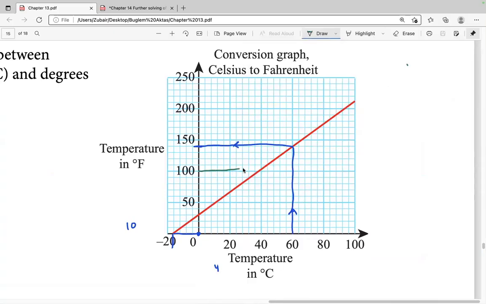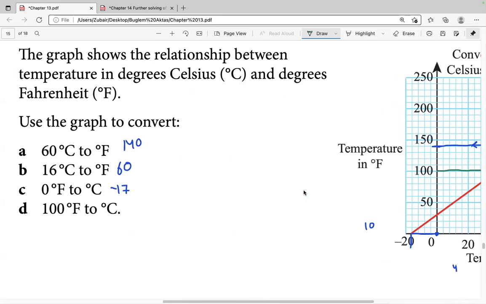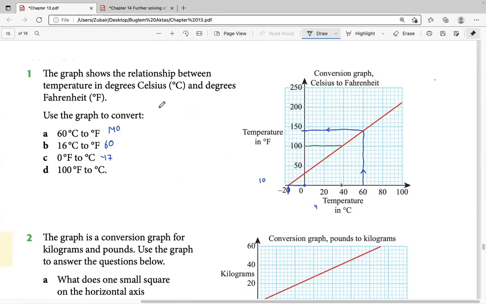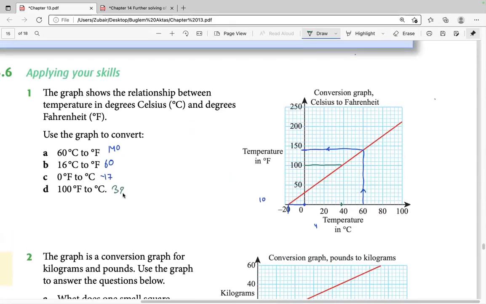So 38. Very nice. So this seems like in between that box. So it is 38 degrees Celsius.